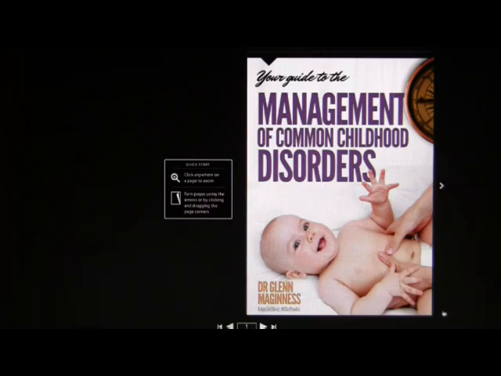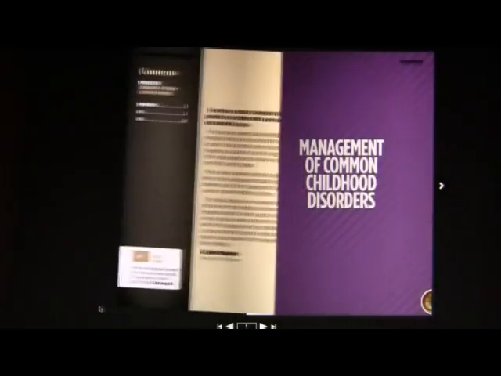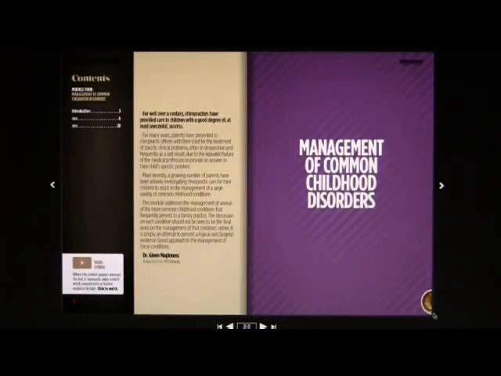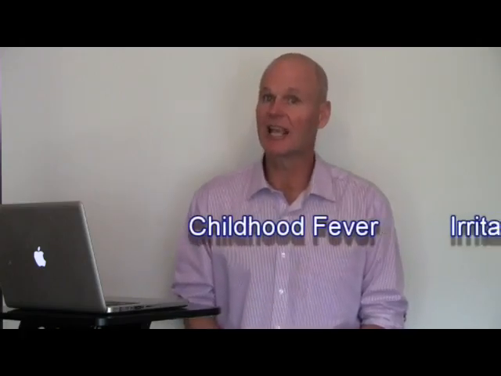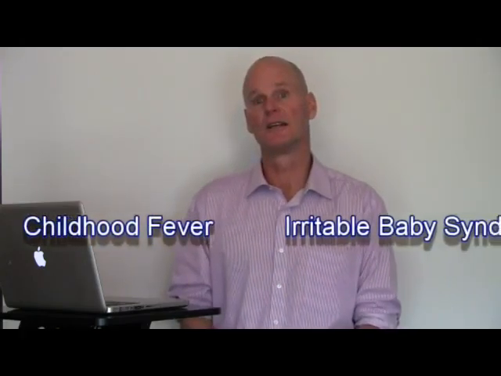The management of childhood ear infections is only one of the many conditions covered in this 70-page ebook. Once again, educational videos and photos are provided throughout to assist in the learning process. The management of each specific condition is presented as a largely evidence-based approach.